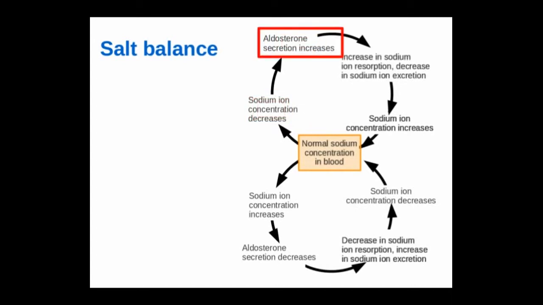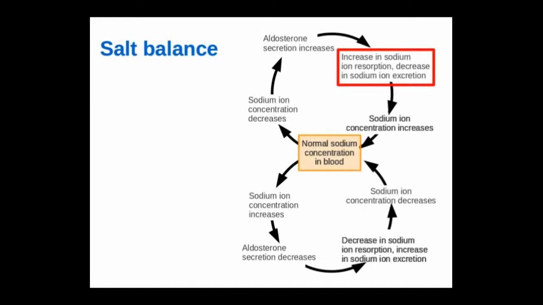Well, aldosterone secretion is increased, and aldosterone has an influence on both sodium ion excretion and sodium ion resorption. So we get an increase in sodium ion resorption, that is, more sodium ions are taken up out of the fluid that is now in, where?